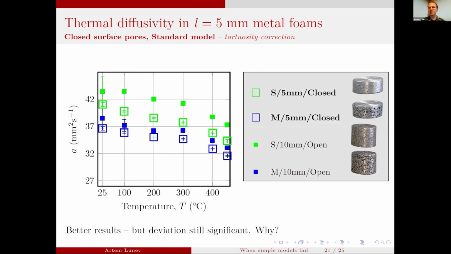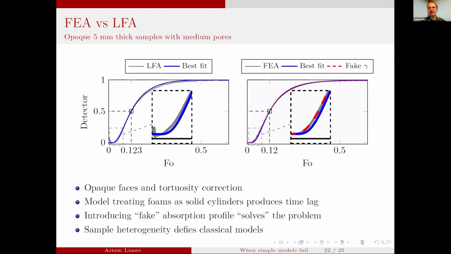So something was not right. When we tried to fit the data that we had from FEA for the samples with closed porosity, we discovered that there is a time lag in the time temperature profiles.